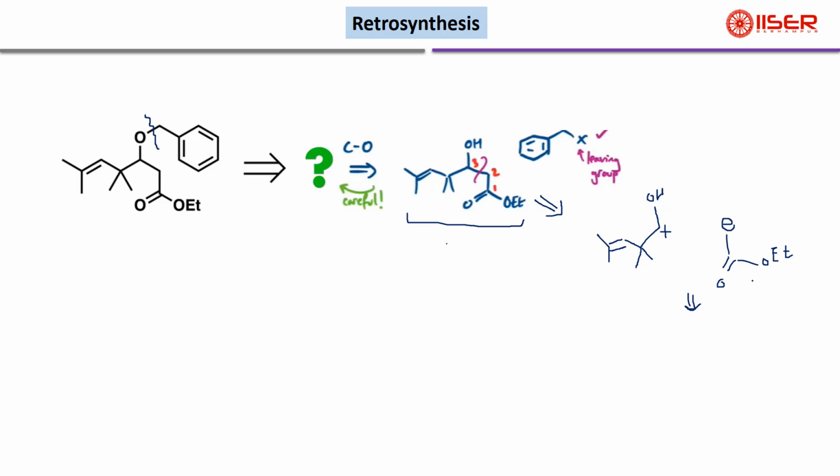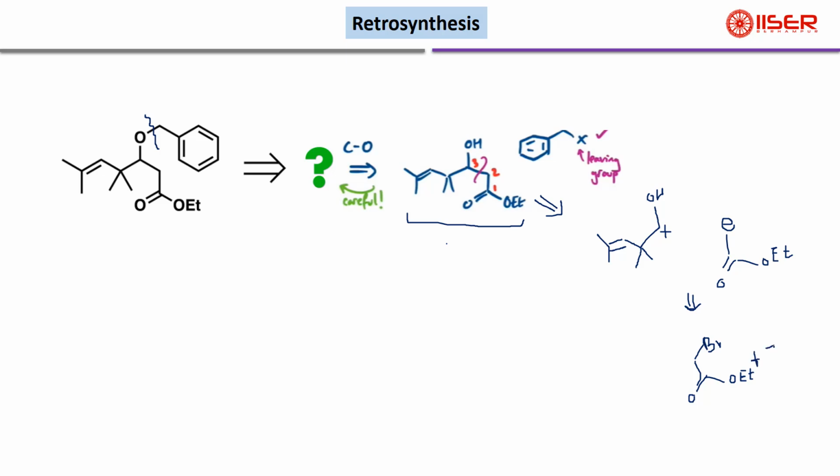How is this possible? This center can be generated if we just add a bromine here, in presence of zinc.